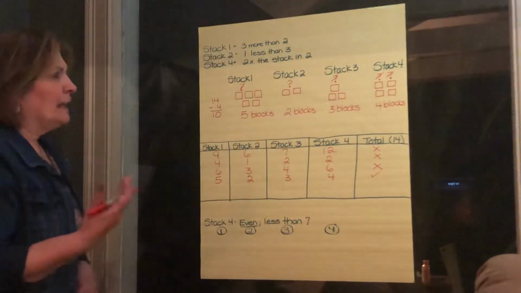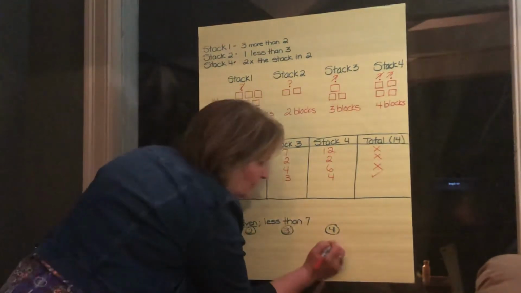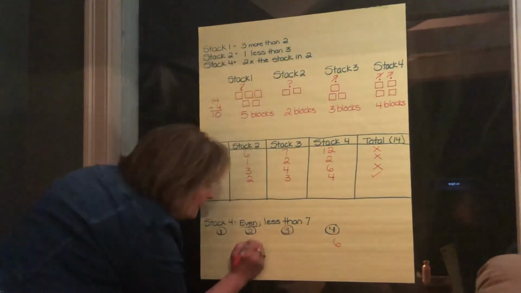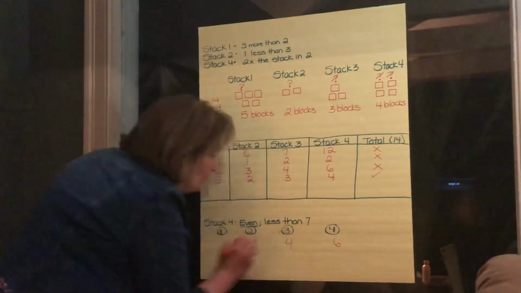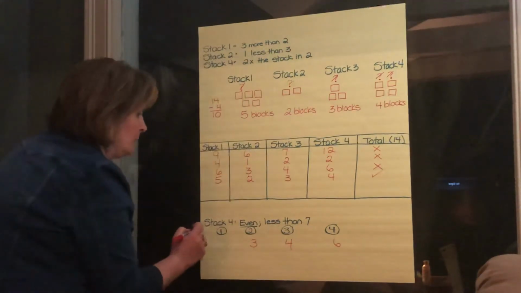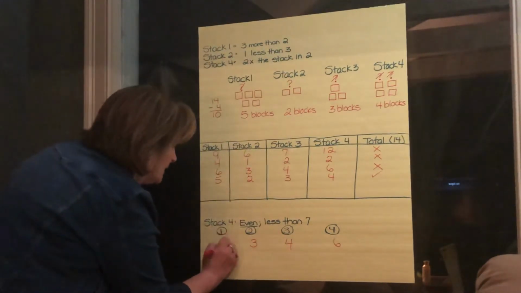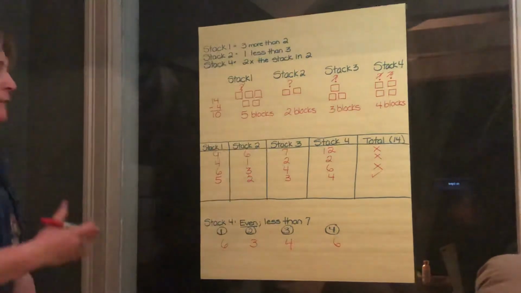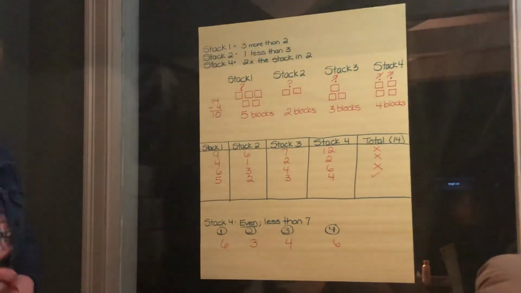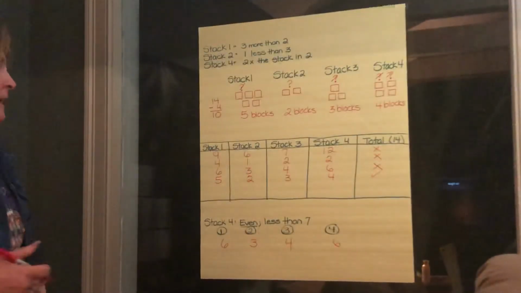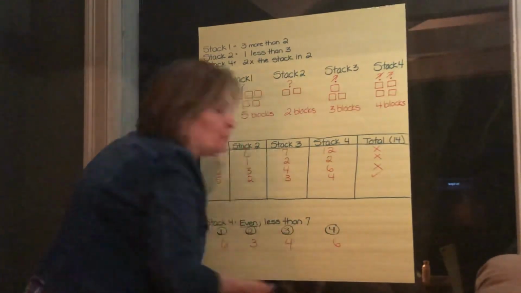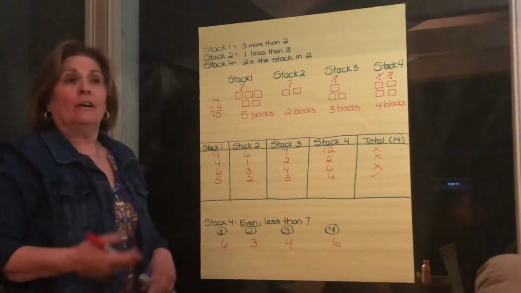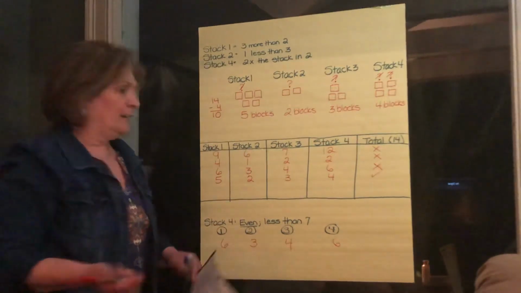So let's just say stack 4 was 6, and that would make stack 2 3, and that would make this 4, and that would make this 6 as well. And again, we find out that that's 19. So then we step it down and we say, okay, let's say that stack 4 is 4, because we're not going to try 3 or 5 because they're odd numbers.